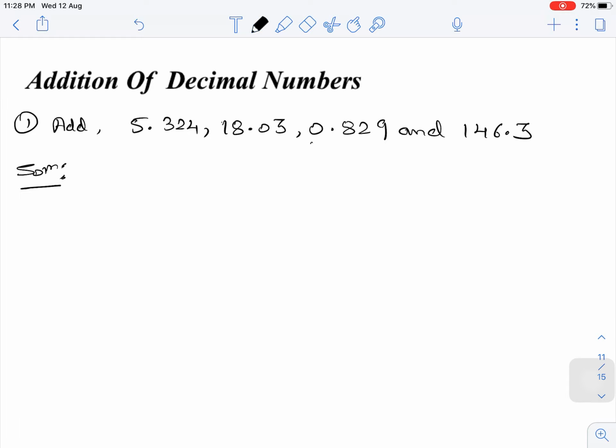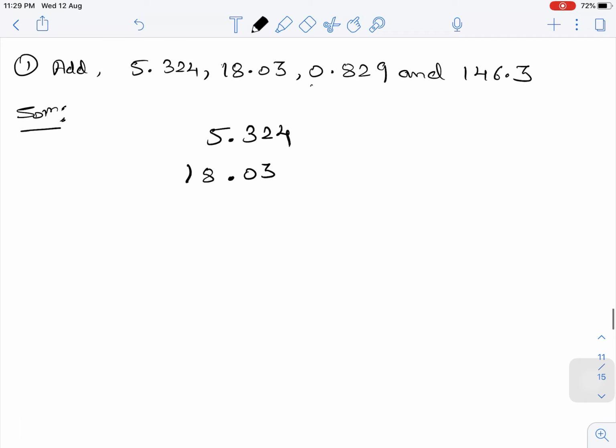So our first number is 5.324. When writing the next number, make sure you write decimal below decimal. So first put the decimal. The next number is 18.03, so it should be written like this. The next number is 0.829, again decimal below decimal.